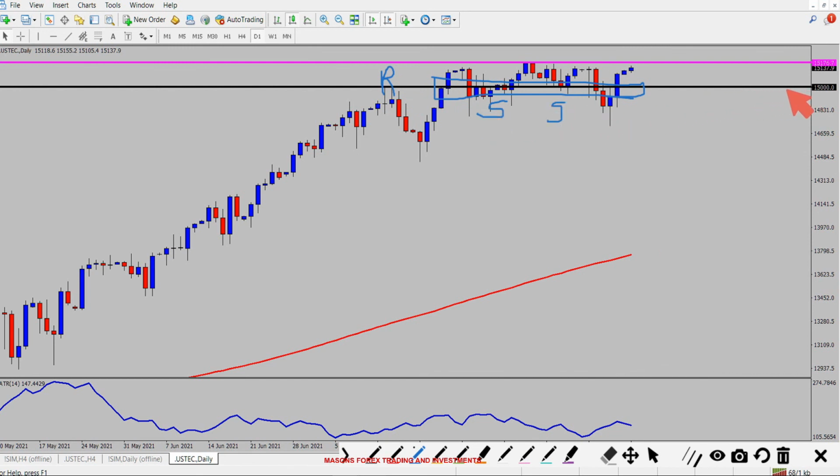If you look at this 15,000 level, people will have transactions all around the 15,000 level. The price, or rather these candlestick formations, show us that there's transactions all over in this 15,000 level. So this is a tool I just wanted to bring your attention to.